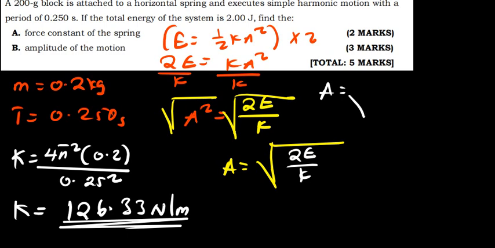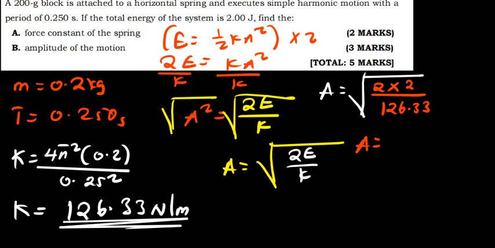Let's plug in the values. A will be equal to the root of 2 times E, and E is 2, divided by k, which is 126.33. So the amplitude will be the root of 2 times 2, which is 4, divided by 126.33.